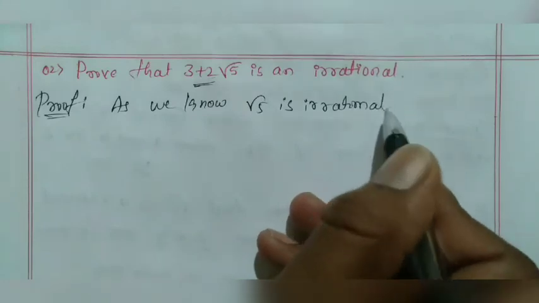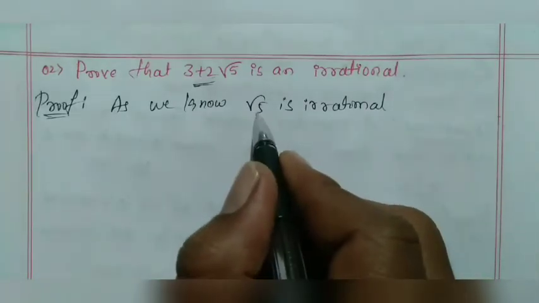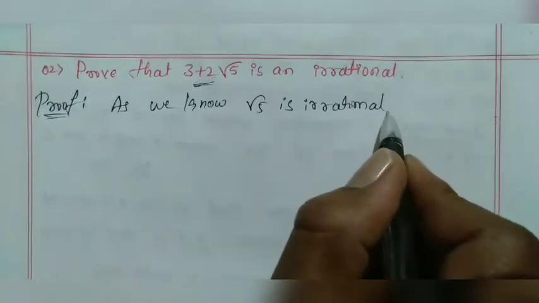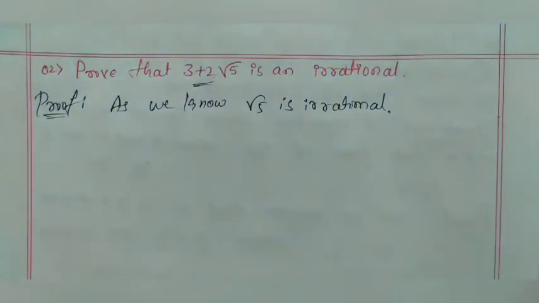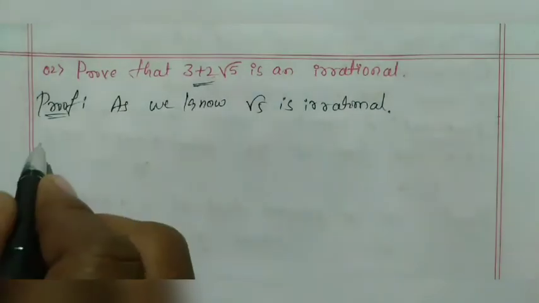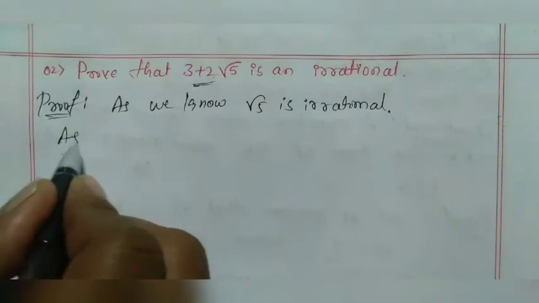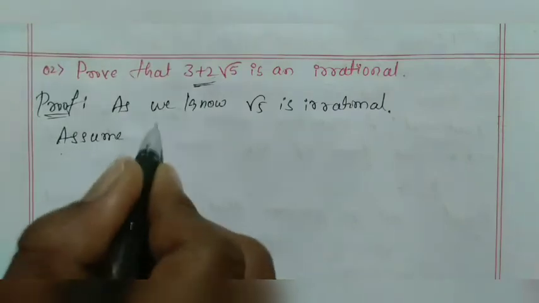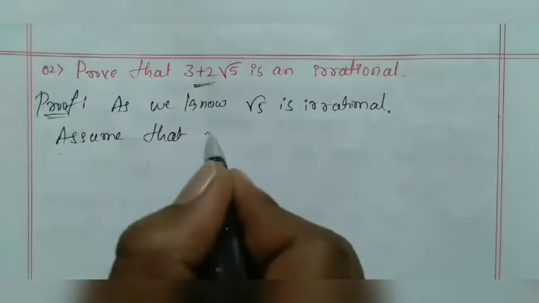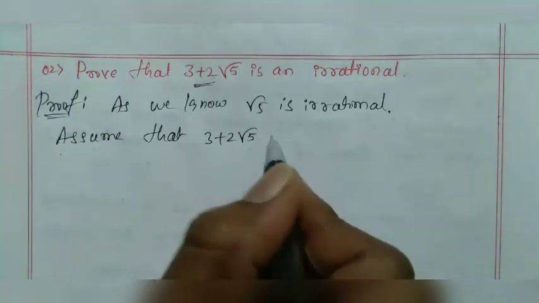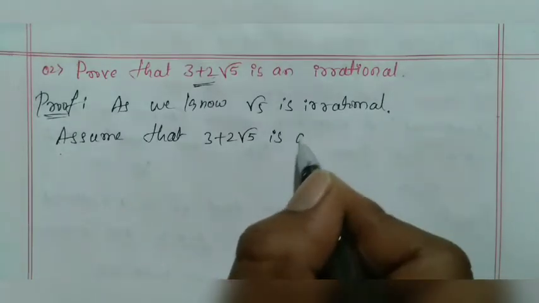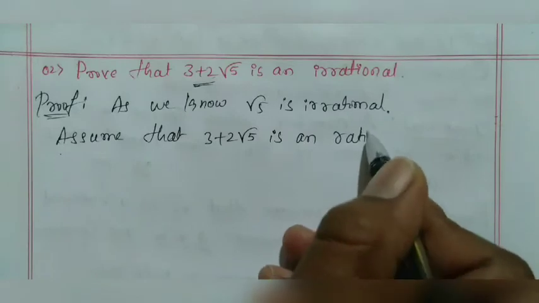As we know, root 5 is irrational. Assume that 3 plus 2 root 5 is rational.